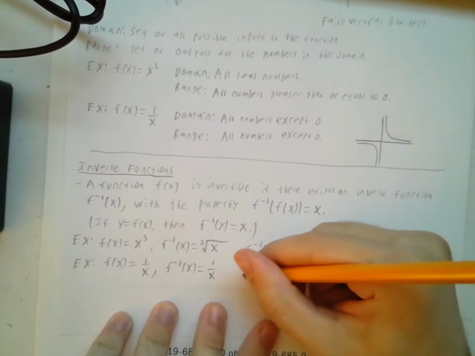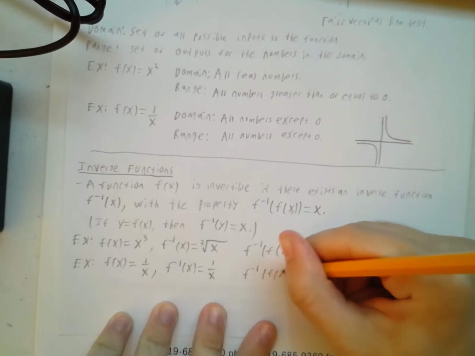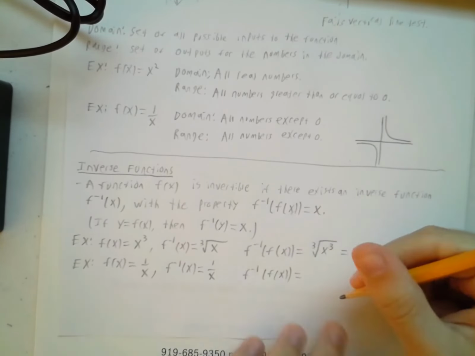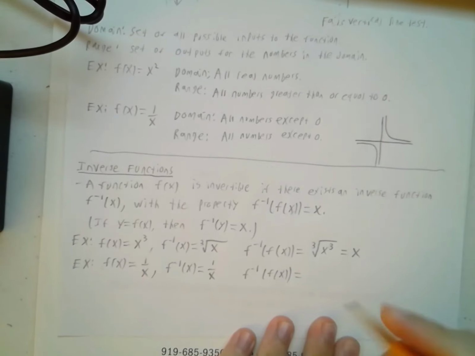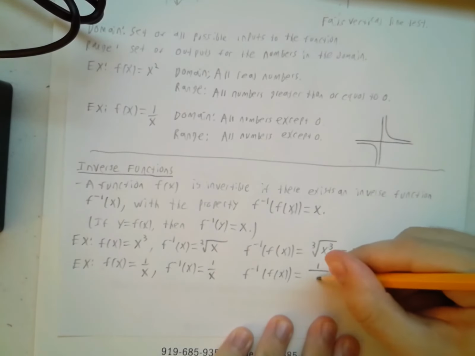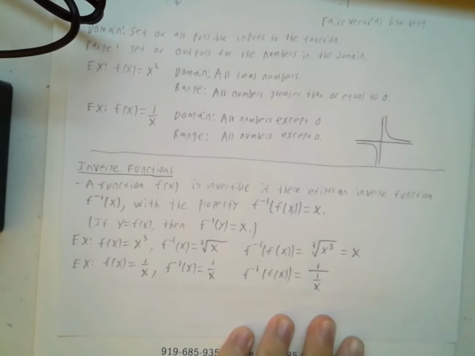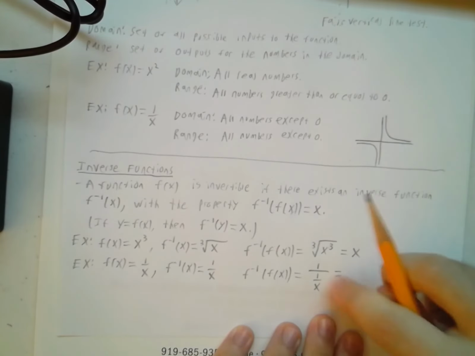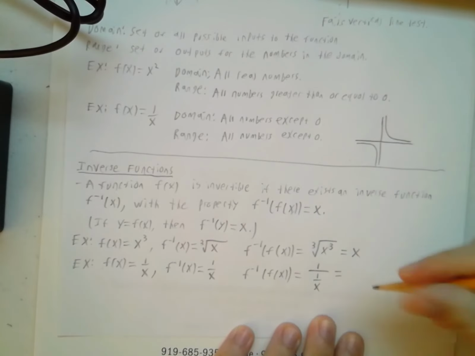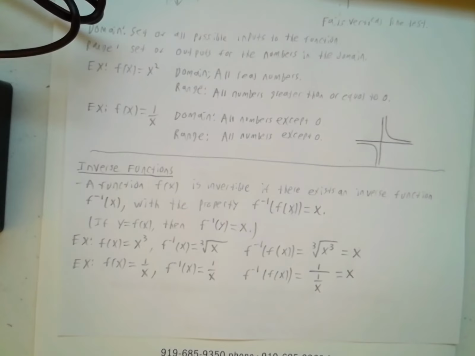Well, if we take a look at this property for inverse functions, we'll see that f inverse of f of x is 1 divided by 1 over x. And if you apply properties of fractions to this, you'll see that you flip the denominator and bring it to the numerator, and we're just left over with x. So these are two examples of functions that have inverses. So we say these functions are invertible.